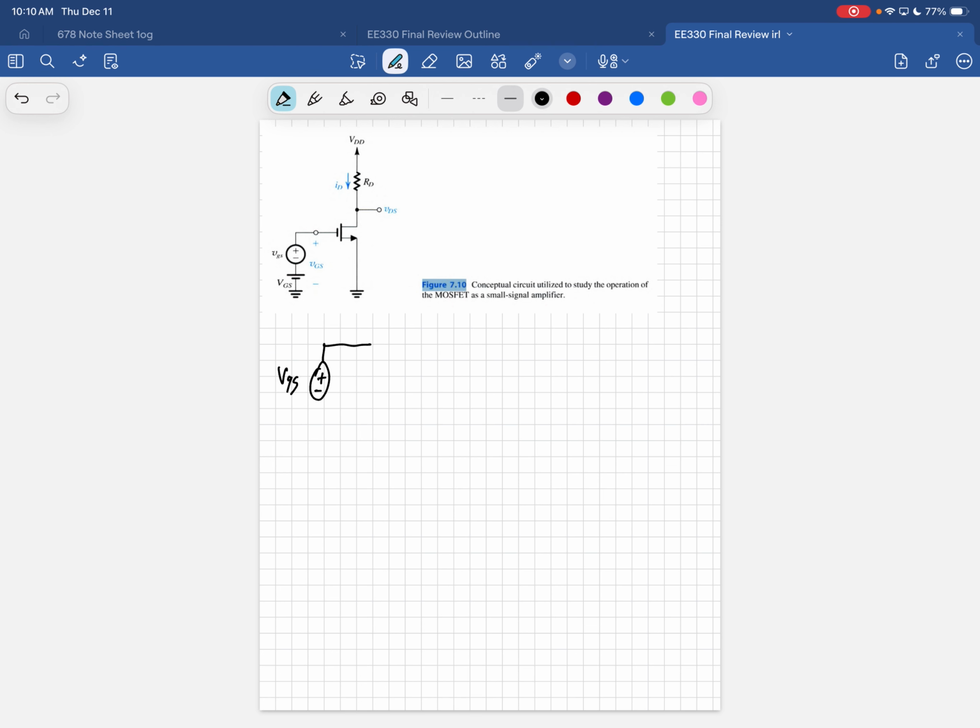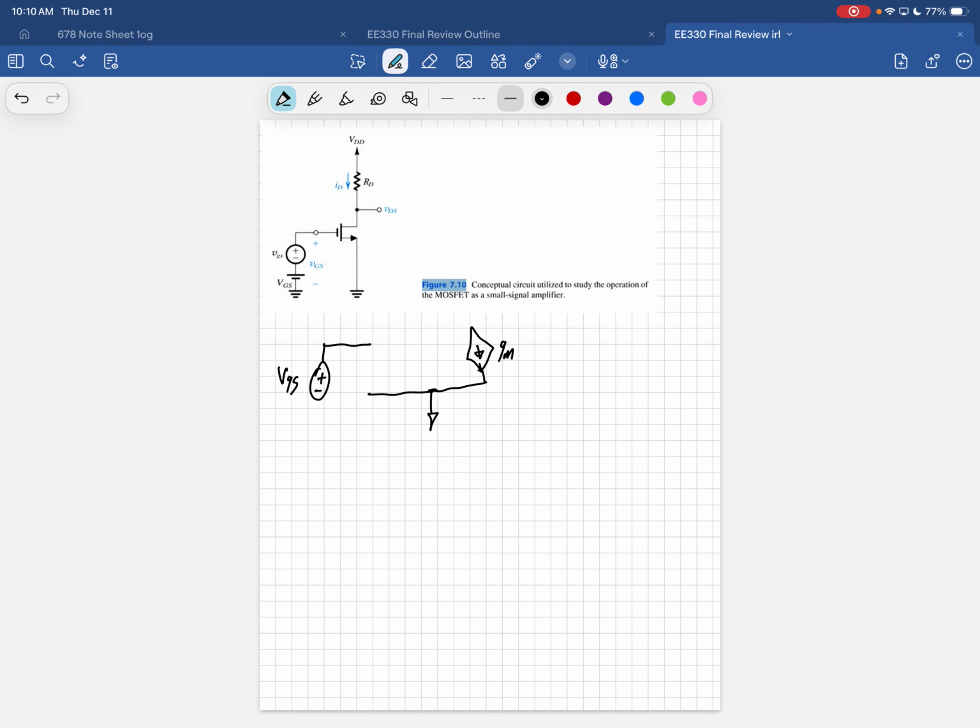Thankfully, there's no resistor, so that makes it a little easier. This is going to be grounded. You're going to have your dependent current source. So this is a small signal model.